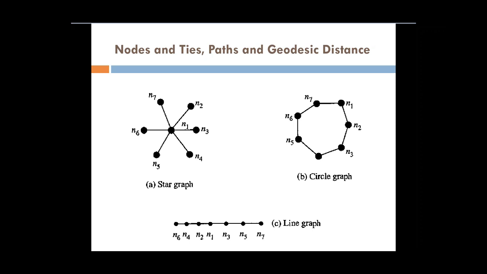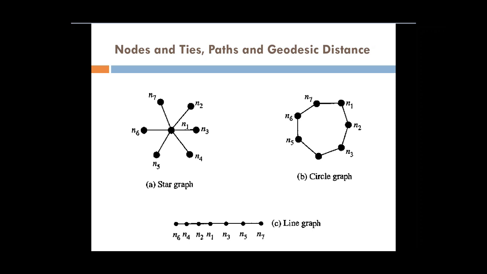But here, to pass a particular piece of information from N4 to N2, instead of one path, there are two different paths. And in more complicated networks, you might have 3, 4, 5, 6 different paths linking two different nodes in a particular network.